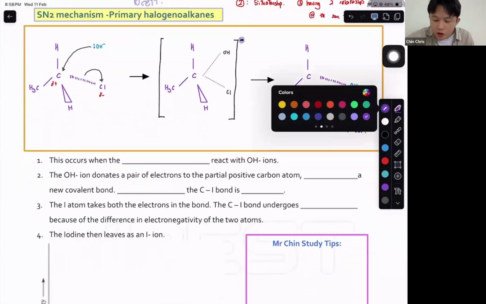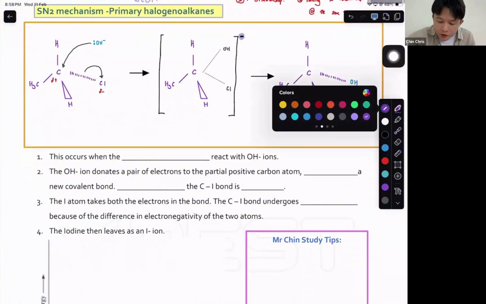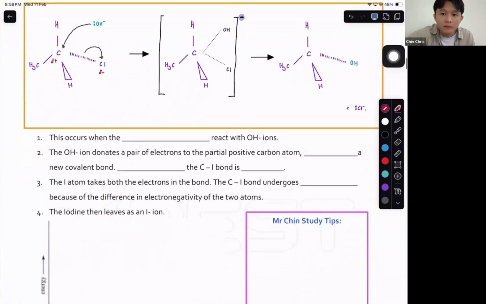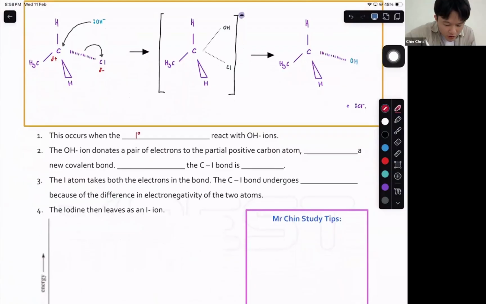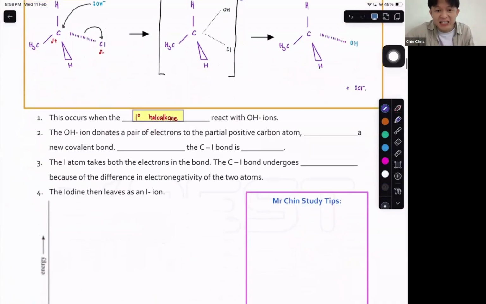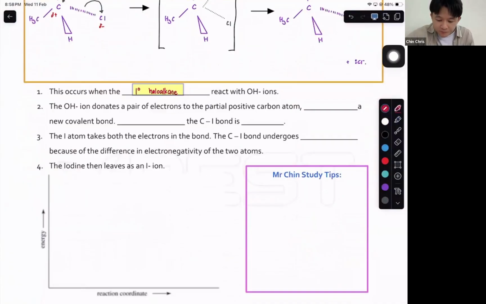Alright guys, now let's continue with SN2. So SN2 only occurs for a primary haloalkane. Okay, remember this, a primary halogenoalkane will always be SN2. So the OH donates a pair of electrons to the partial positive carbon atom, forming a new covalent bond.